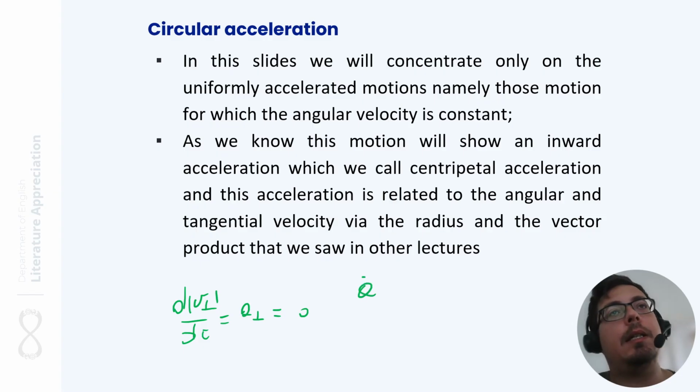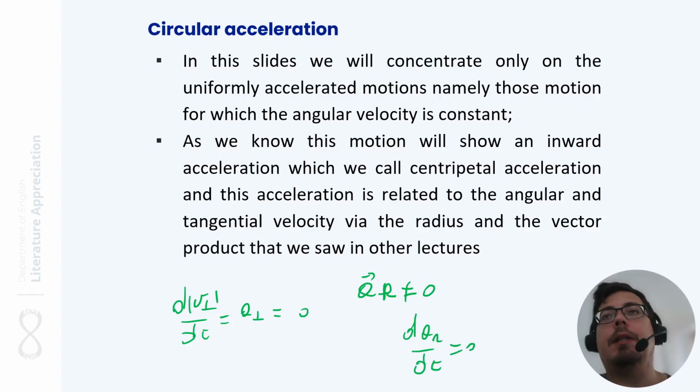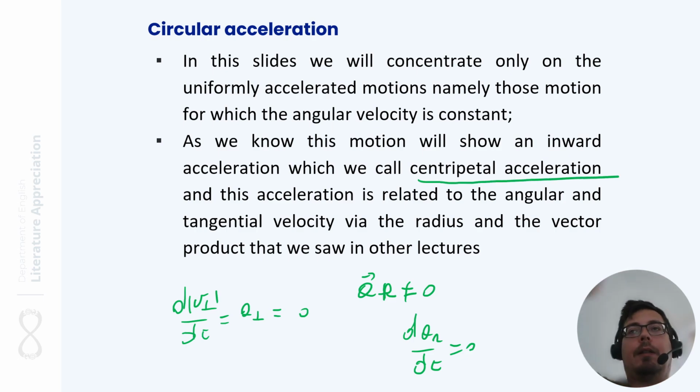So a_t is 0, but a radial is different from 0. It is constant, so you have the same fixed acceleration, which is called centripetal acceleration. Okay, and it's directed towards the center, which makes the object keep to the trajectory.